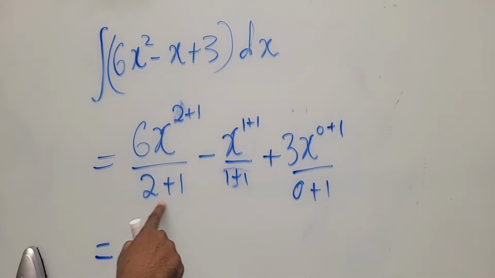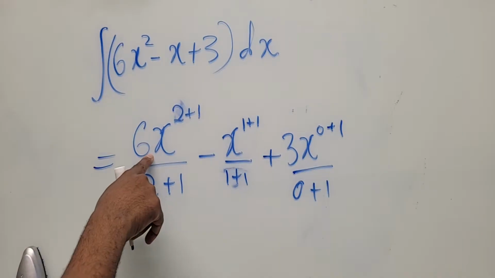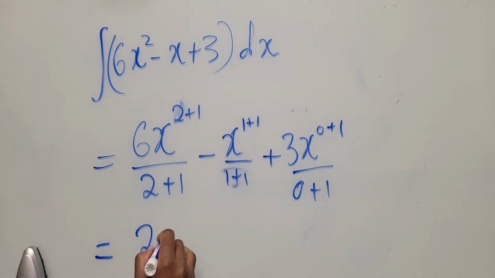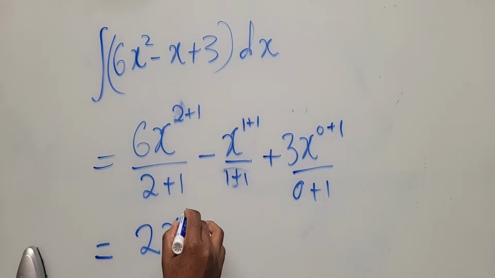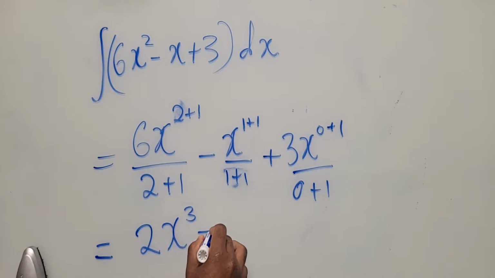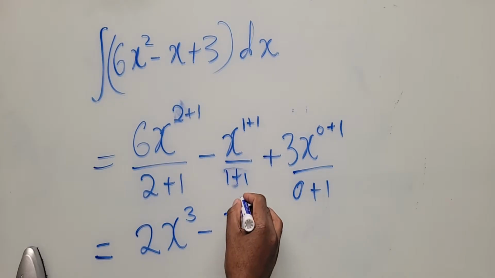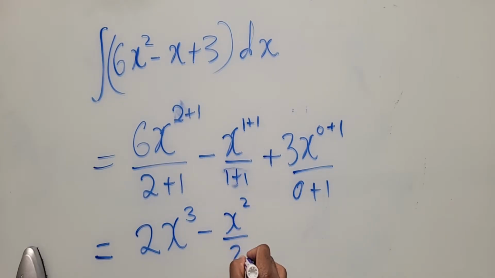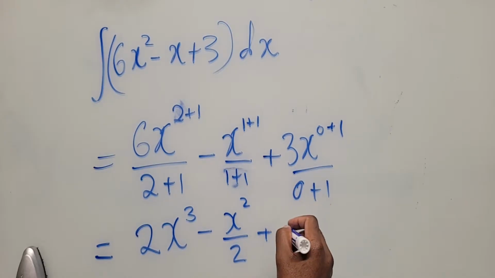So this is just 6 divided by 3, which is 2. So we have 2, then x to the power 3, then minus, here we have x to the power 2 divided by 2, then plus, this is just 1, right? In the denominator is 1, but we have 3 outside.